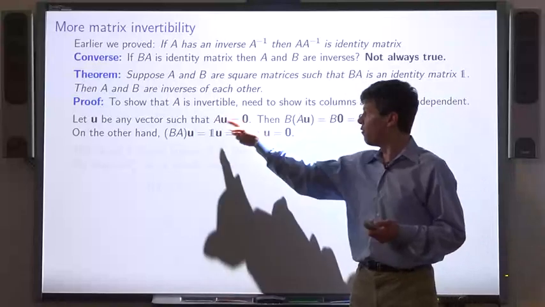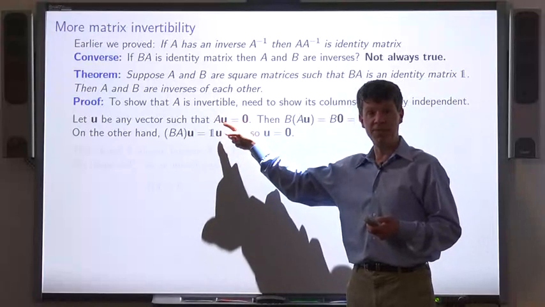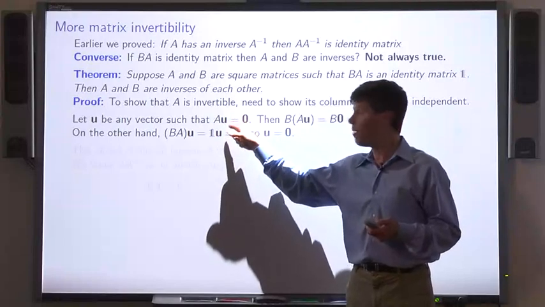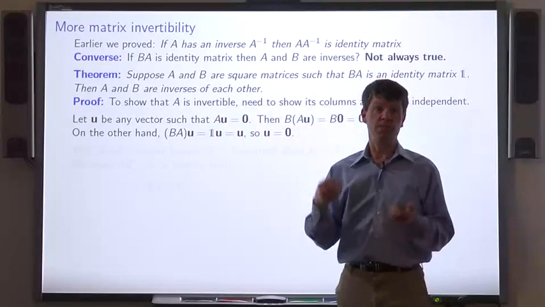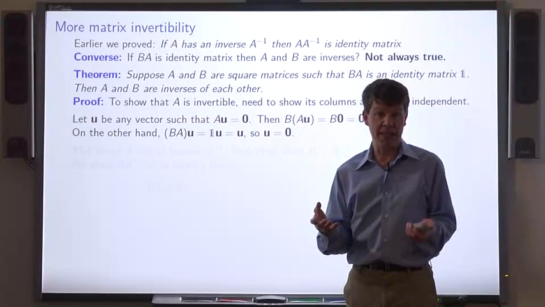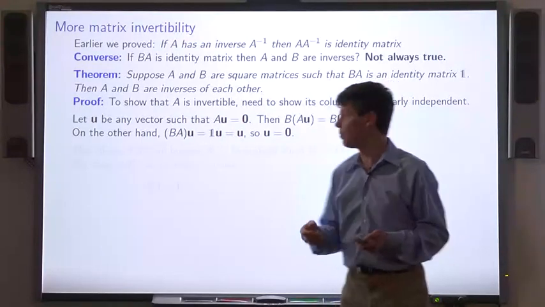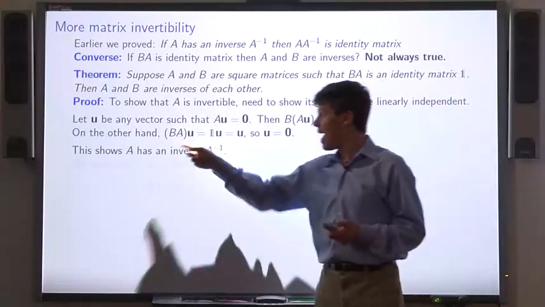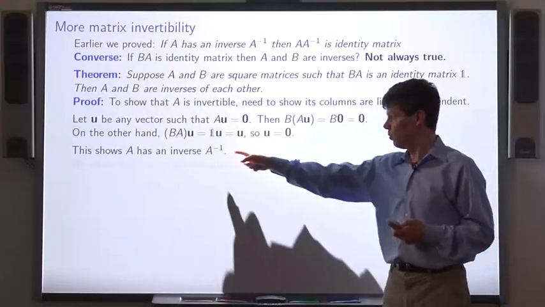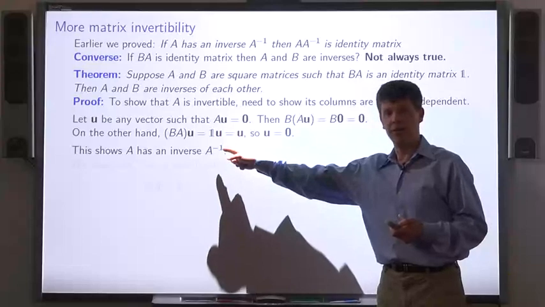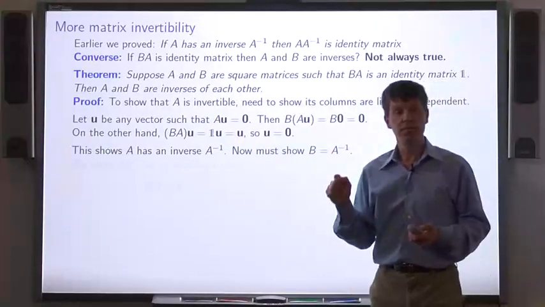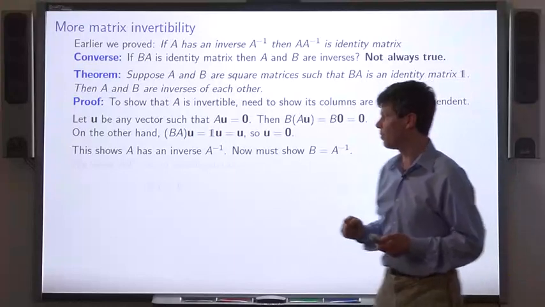That shows that for any linear combination of the columns of A that equals 0, the coefficients of that linear combination must be 0. And that shows that the columns of A are linearly independent. So we've been able to show then that A has some inverse. It's written A to the power of minus 1. Now we have to show that B is that inverse.